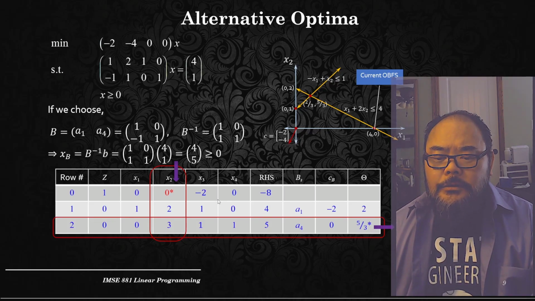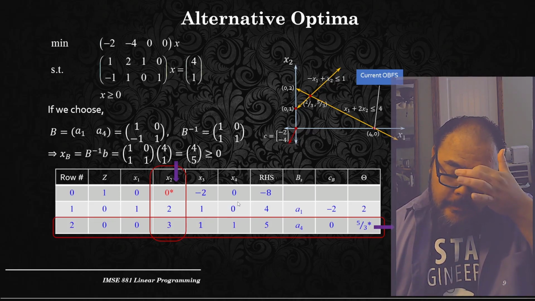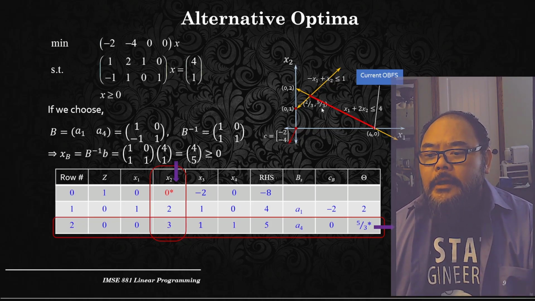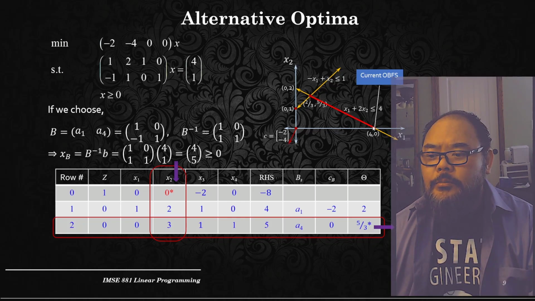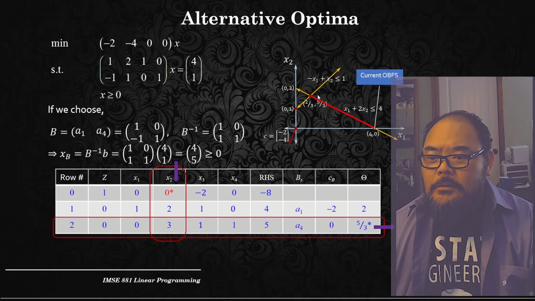After I pivot this table, what we get is that all the points between these two extreme points are also optimal feasible solutions. They are not basic solutions, but they are feasible optimal solutions.